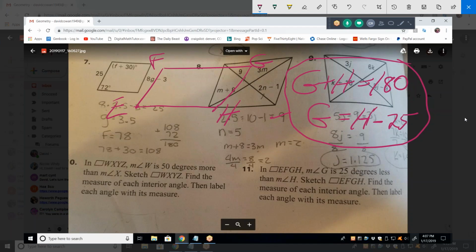All right. So now let's go to the first equation and substitute what we know G is. So tell me what to write. In other words, you're going up to equation number 1, and wherever you run into G, you're going to substitute H minus 25. Start from the left. What's G?